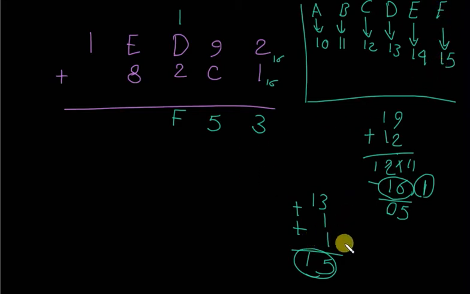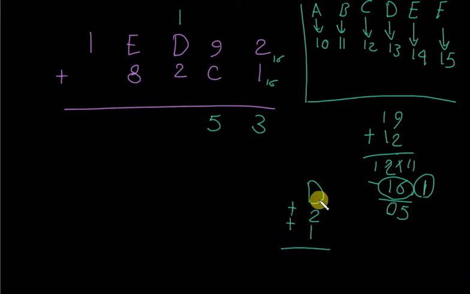And look at this, I made a mistake here. So it is actually 2. So we have to start this over. So this is D plus 2 plus 1. First of all, the value of D is 13. So instead of this, I can put 13.